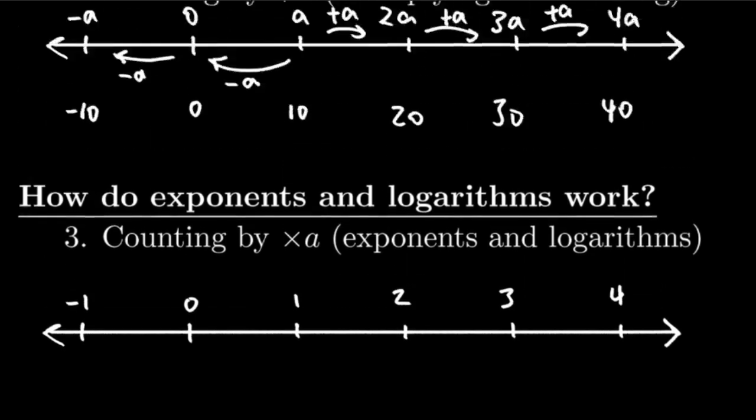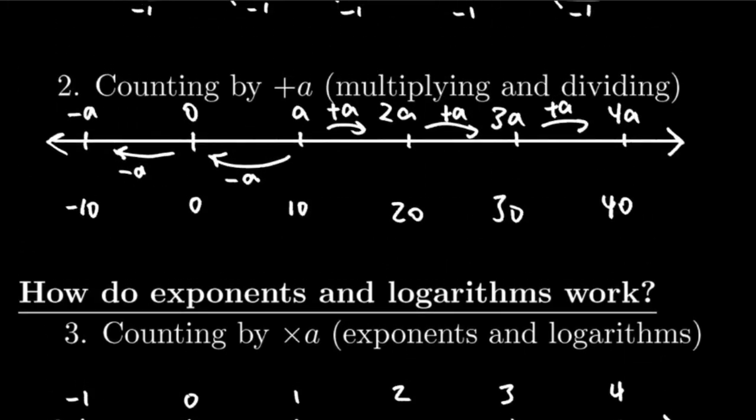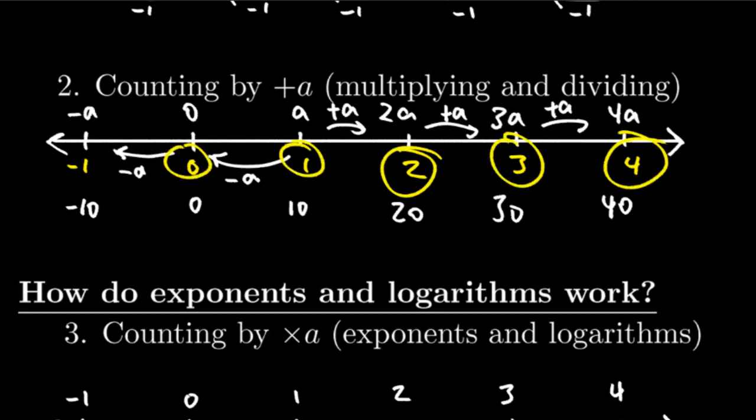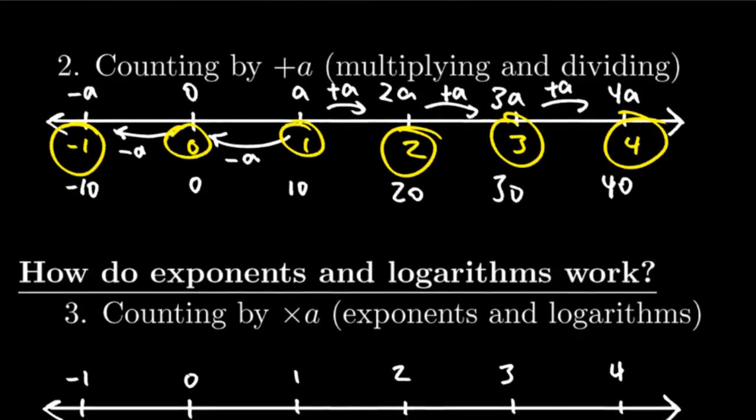Here is your 0 step, your first step, your second step, your third step, your fourth step, and then your -1st step, etc. At the first step, you just have a. At the second step, you add a to get 2a. At the third step, you add a to get 3a. So when you divide, you're actually looking for these numbers here. That idea is going to be very important to understand logarithms and exponents in an intuitive way.